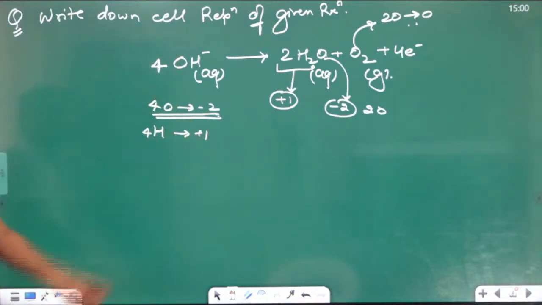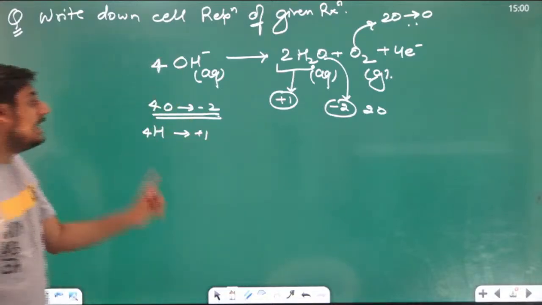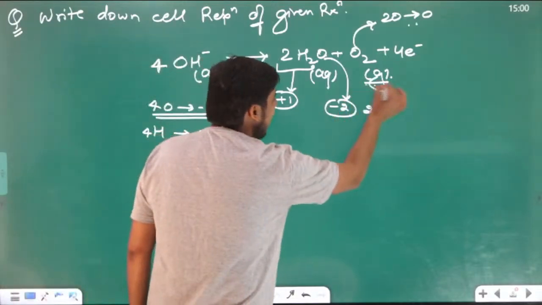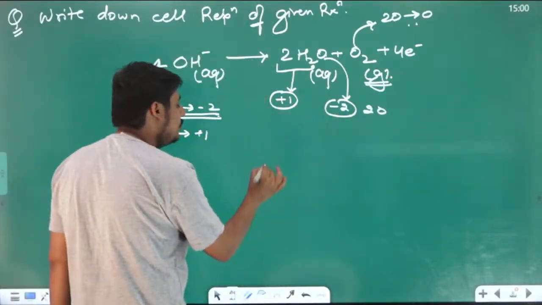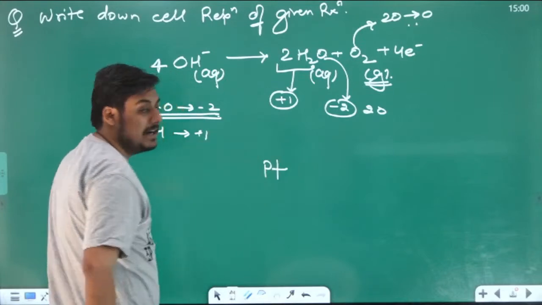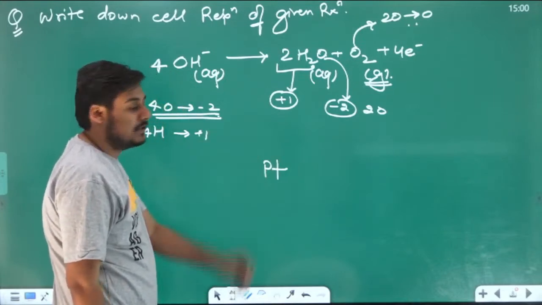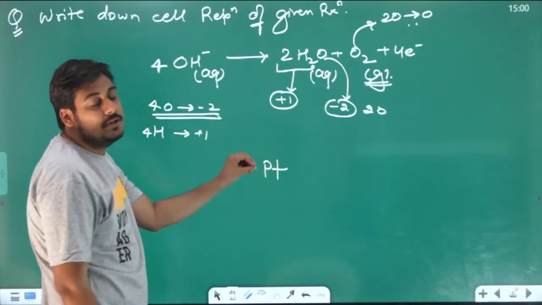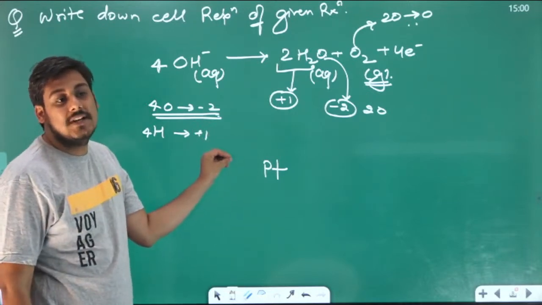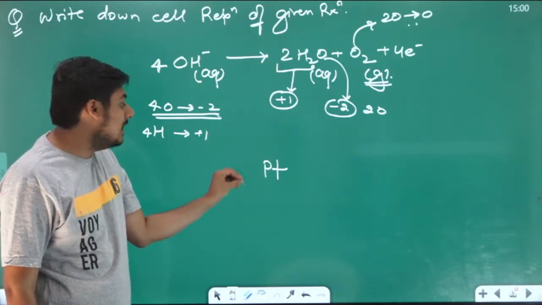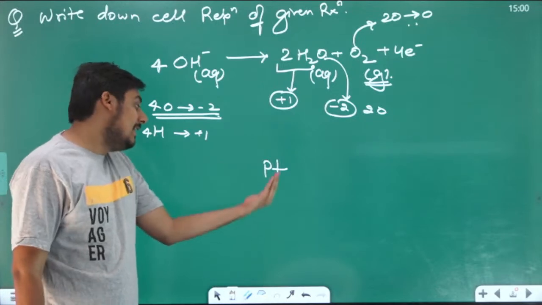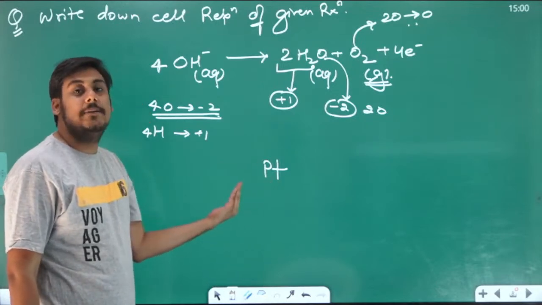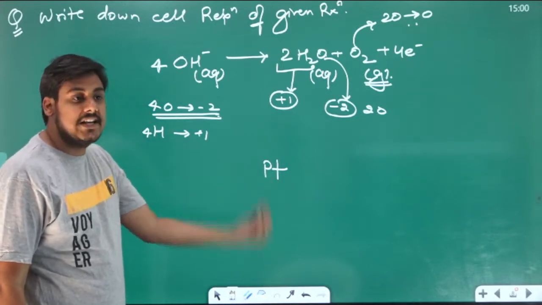This is an oxidation reaction, and this reaction involves a gas. That means we definitely have to use a Pt electrode. Whenever Pt comes into the picture, the position of Pt will tell us whether oxidation or reduction is taking place. According to IUPAC, Pt on the leftmost side means there is oxidation.